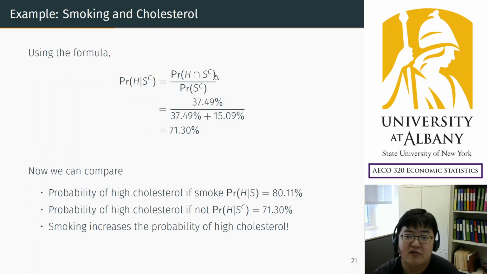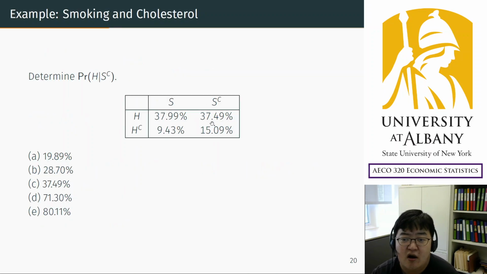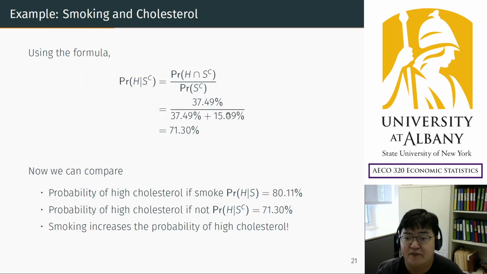And the numerator has, among these observations that satisfy the condition, 37.49, which also satisfies the main event, as well as the condition. So what you have to calculate is 37.49 out of 1509 plus 37.49, right? Like this. Simple math, and you have 71%.